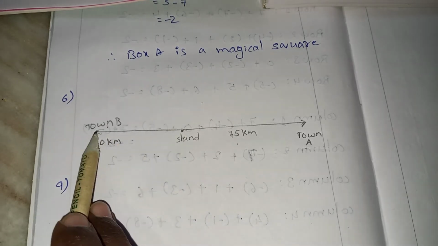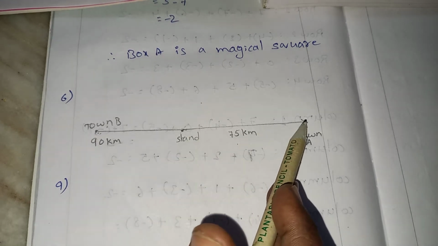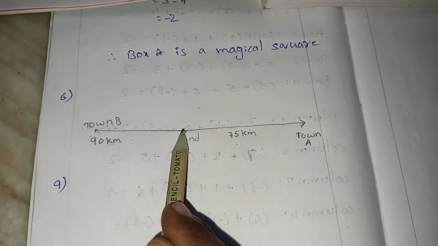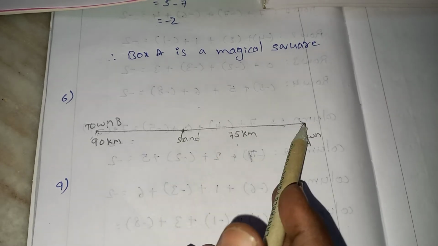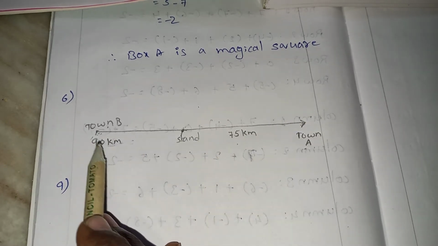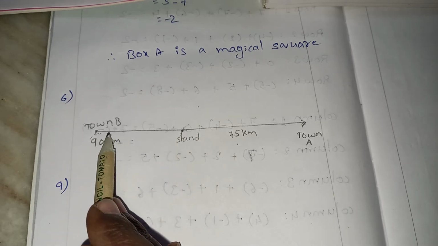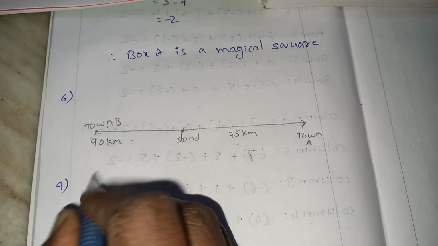From the stand, how much distance he was? From here to here, 75. From here to here, 90. So we know up to this much distance, right? From stand to town A, 75. From here to here, 90. If we negotiate this distance, we can get this distance or not, we will definitely get.